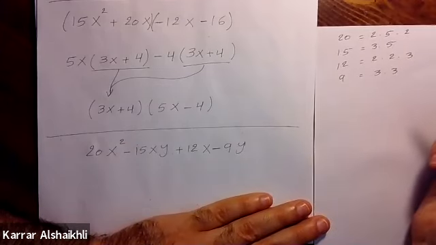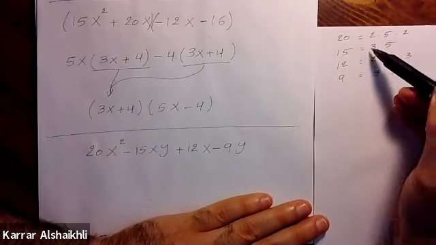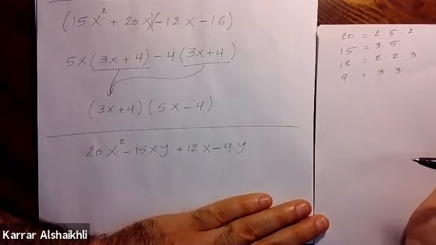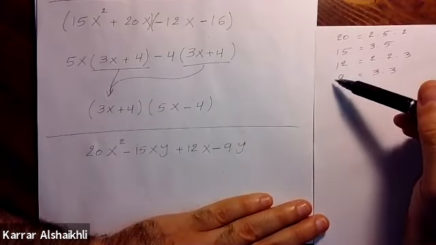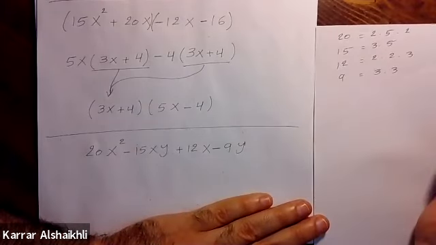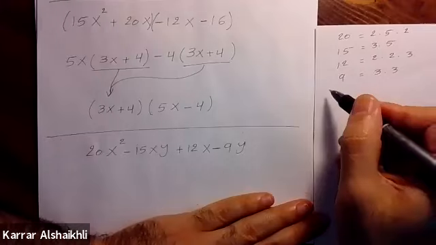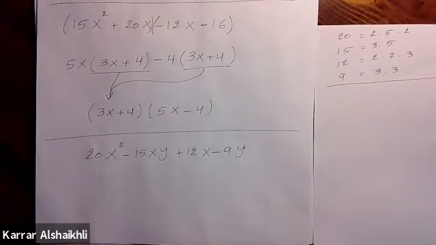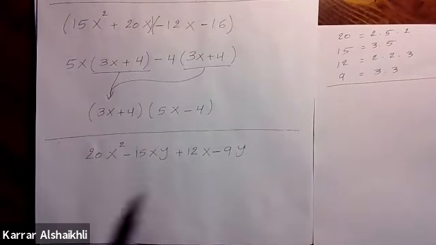So what's the number that exists here and here and here and here? Can you find a number that exists in all these numbers? There's no number. What about the variable? Can you find a variable that exists here, here, here, and here?